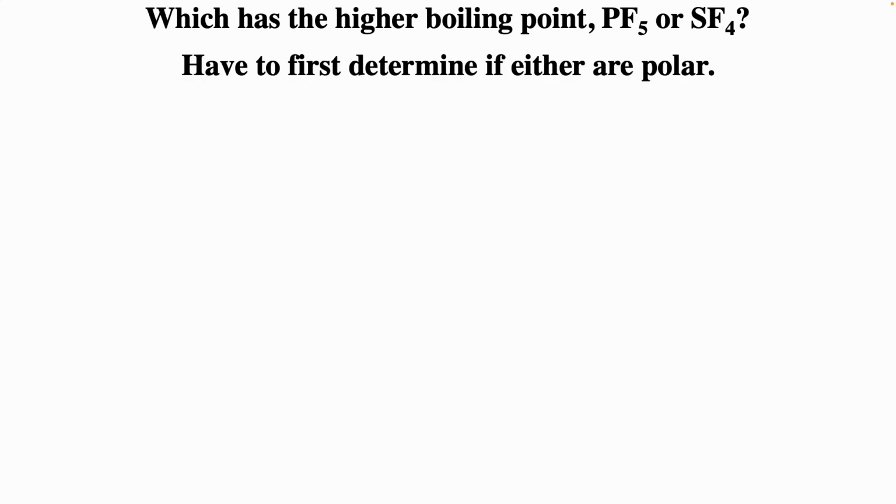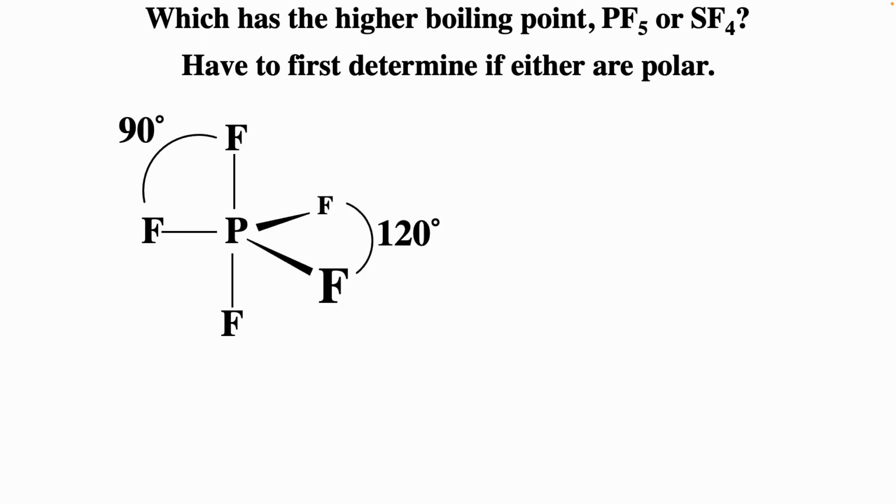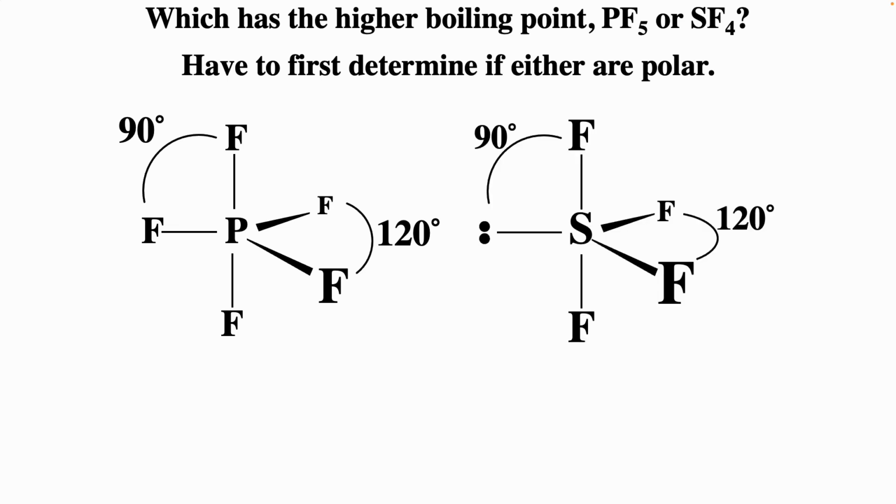Which has a higher boiling point, PF5 or SF4? Again, you have to determine what intermolecular forces are present. Are these molecules polar or nonpolar? For PF5, you have trigonal bipyramidal molecular shape and electron geometry. For sulfur tetrafluoride, you have trigonal bipyramidal electron geometry and seesaw molecular shape.